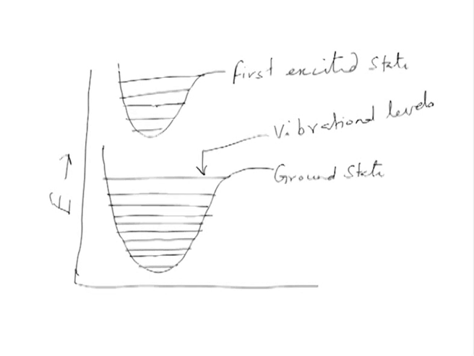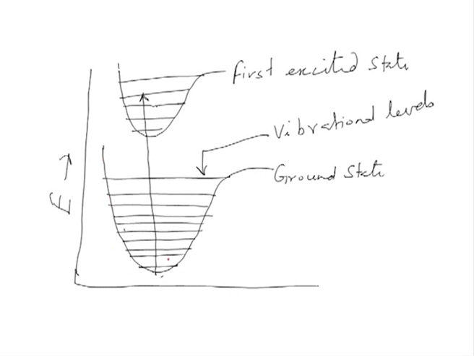Now, when absorption or emission occurs, say for example, absorption occurs from the very ground level to higher, if I say it is going up to here, then absorption has occurred, the exact energy has been absorbed, which leads to the electron going from this state to, say, the fourth vibrational state of the first excited electronic state.